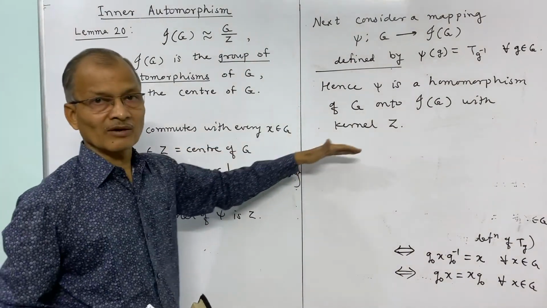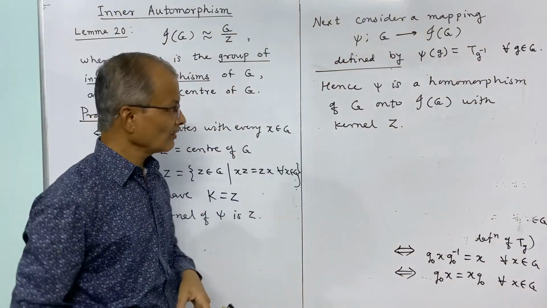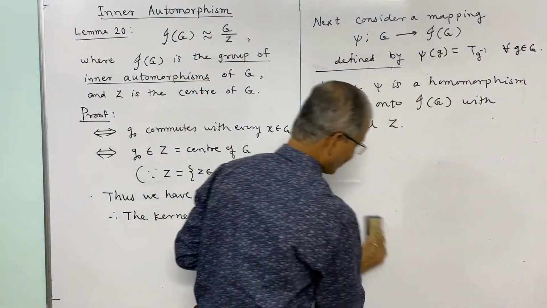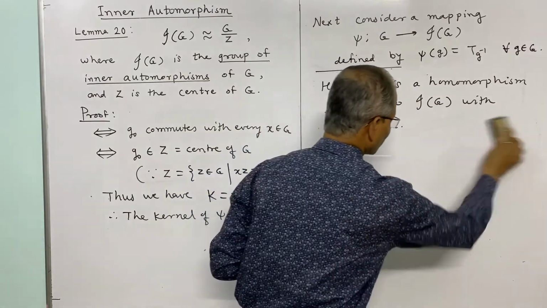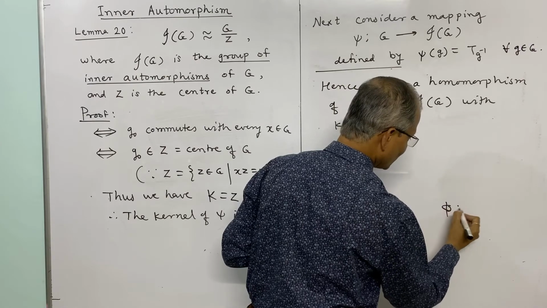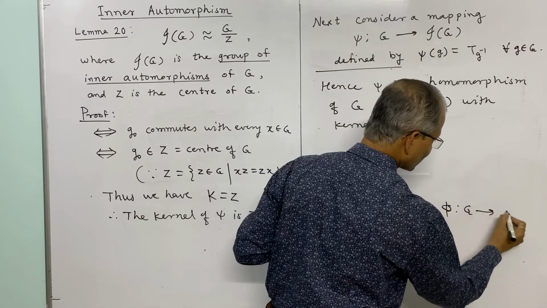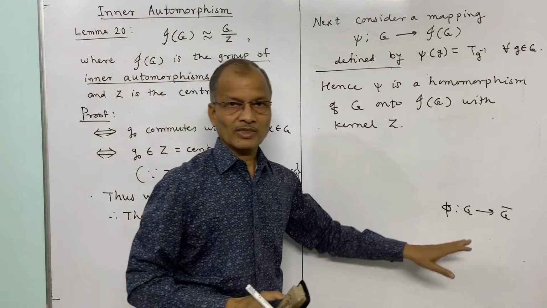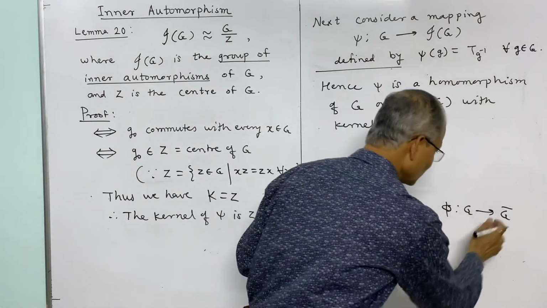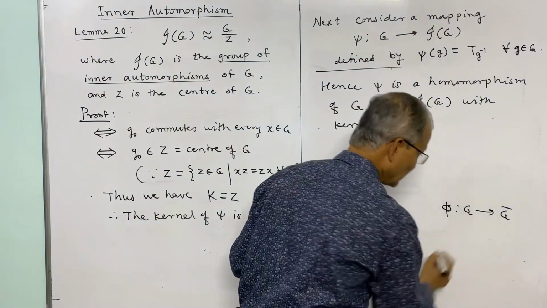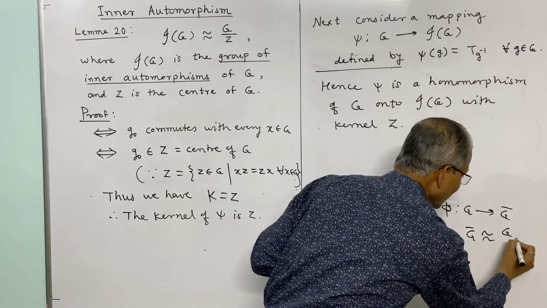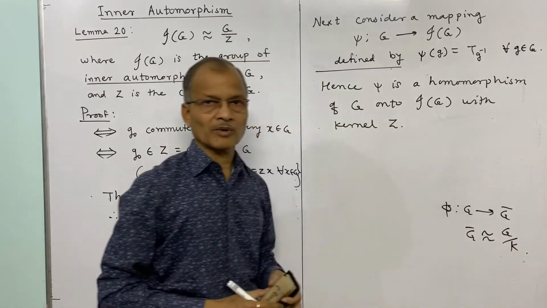And now here we apply the fundamental theorem of homomorphism of groups. And what does the theorem say? If phi is an onto homomorphism from G to G bar with kernel K, then this G bar is isomorphic with G by K. This we have proved, theorem number 4.